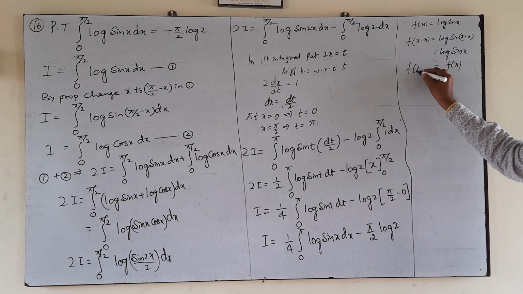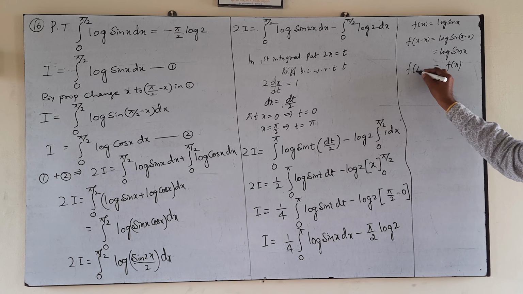So what does property number 7 say? When we substitute pi minus x and the same value comes, then the integral value is 2 times the integral from 0 to half of the upper limit, that is pi by 2, of log sin x dx, minus pi by 2 into log 2, correct?